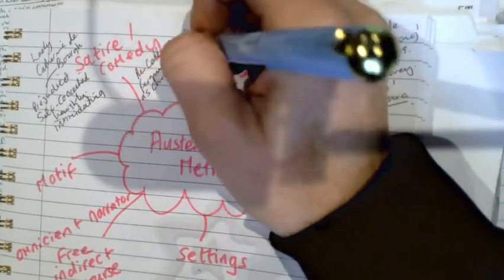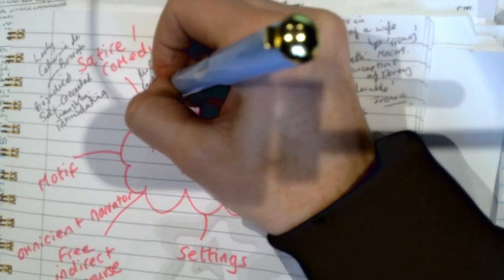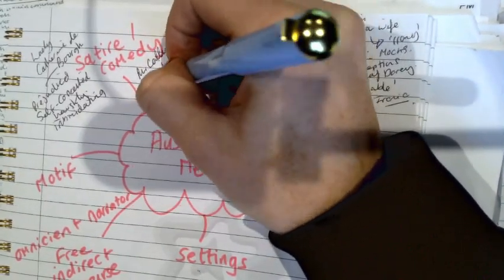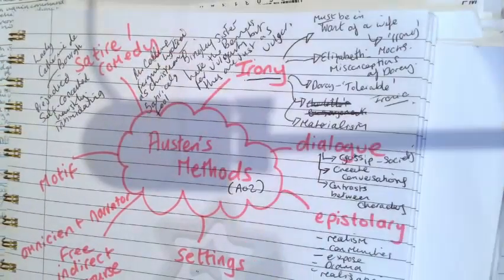Well, that's not really what forgiveness is. So he's just satirical, and Austen really presents him as just this fool. He's really foolish.